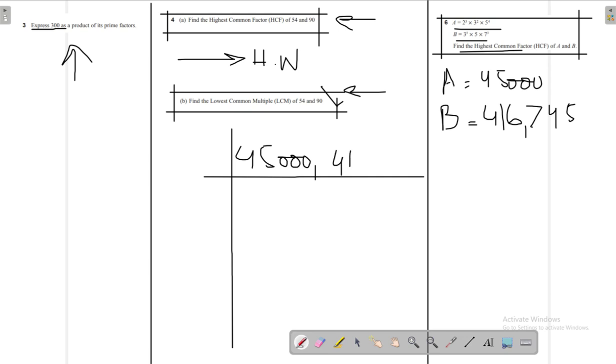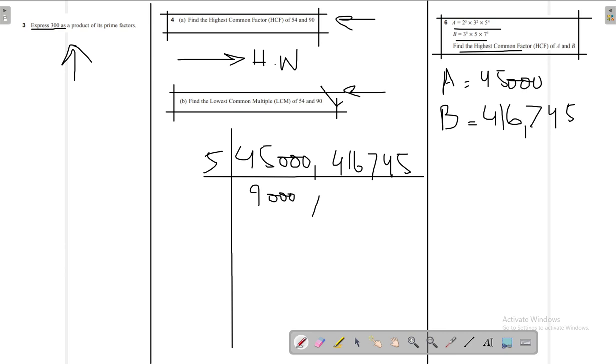So I'm going to write these numbers over here, and we're going to divide by 5. 5 into 9 is 45. We're going to replicate the zeros, as in a standard division.